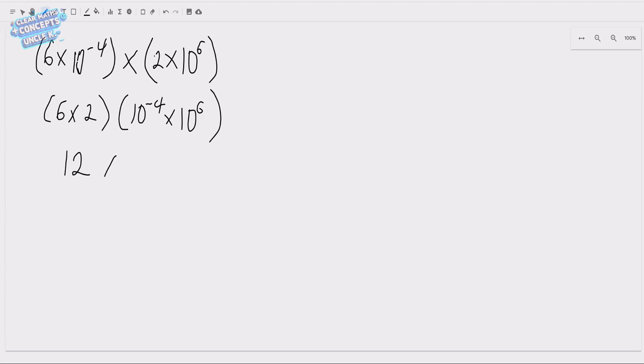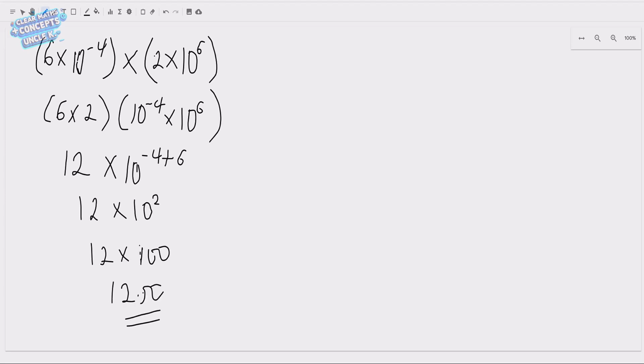So this will give you 12 times 10 raised to power minus 4. Then the multiplication becomes addition. Then you have 6 in the power. So you have 12 times 10 raised to power minus 4 plus 6, that is 2. Okay, so this will be 12 times 100. So you have this as your answer.